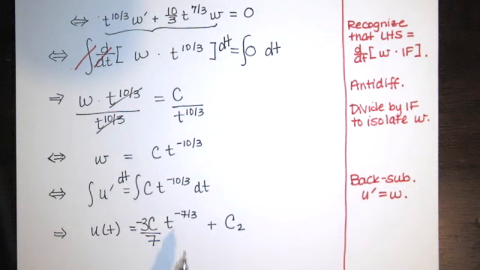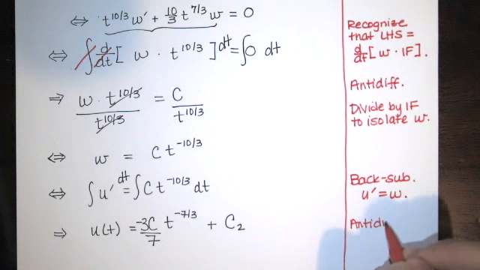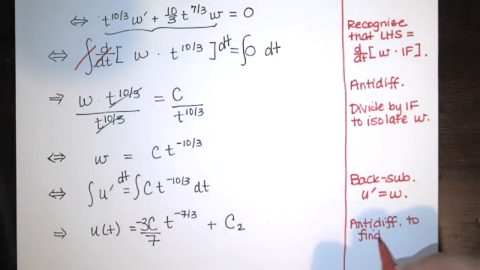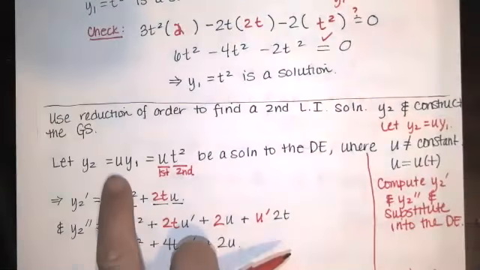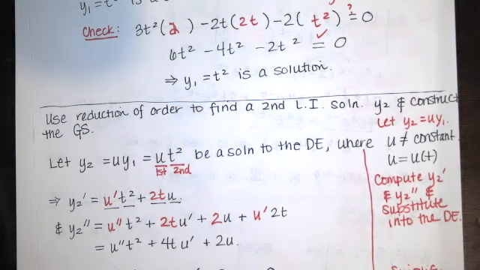Okay, now think about where we're going with this. We just found u by anti-differentiating. But what we want is the simplest u possible so that u times y1 is a second linearly independent solution of the differential equation.